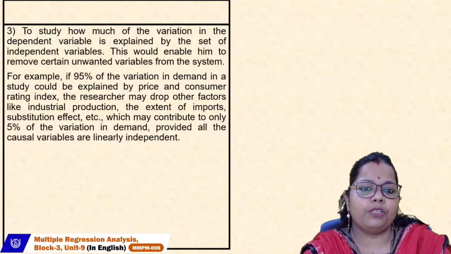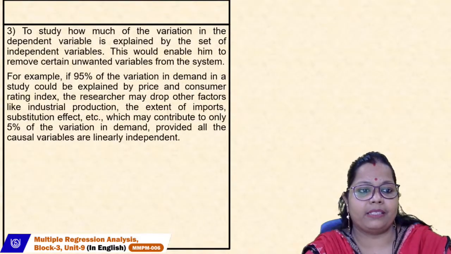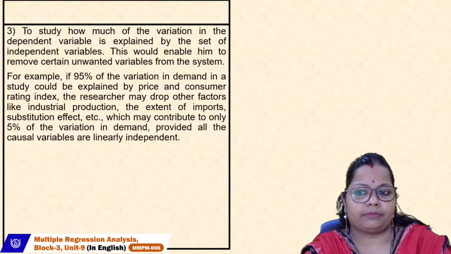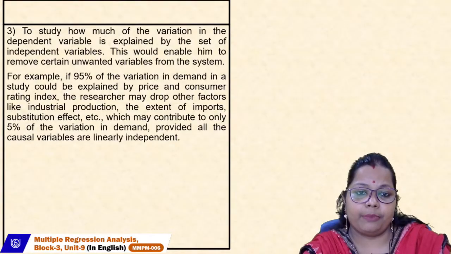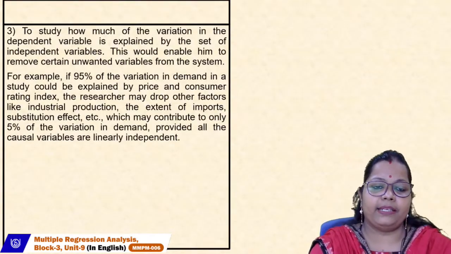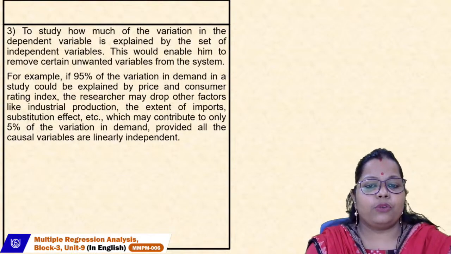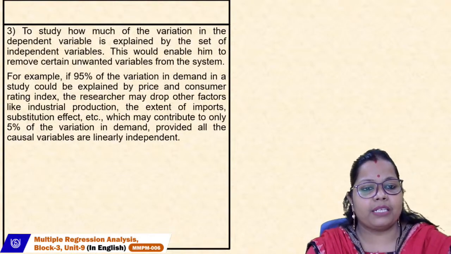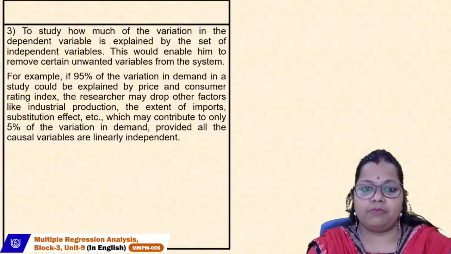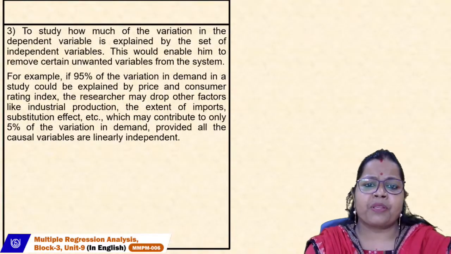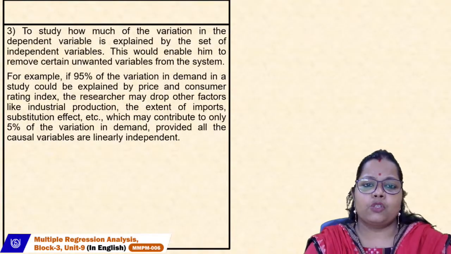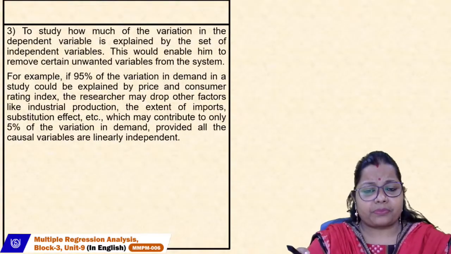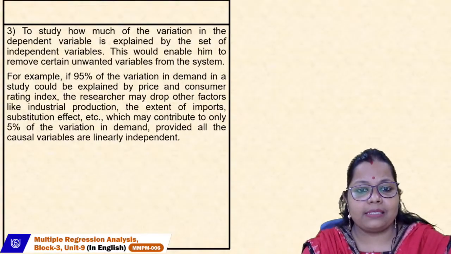Third is to study how much of the variation in the dependent variable is explained by the set of independent variables, by the coefficient of determination, which we have explained in the previous slides. This would enable us to remove certain unwanted variables from the system which are not actually impacting but exist in my study. So I must remove them from my study.